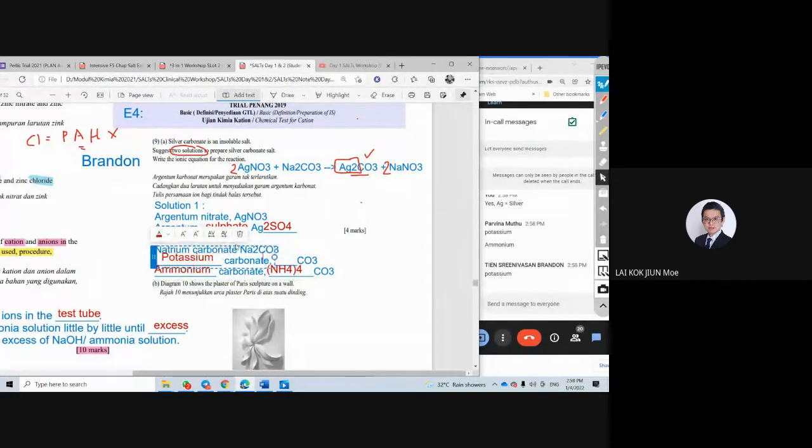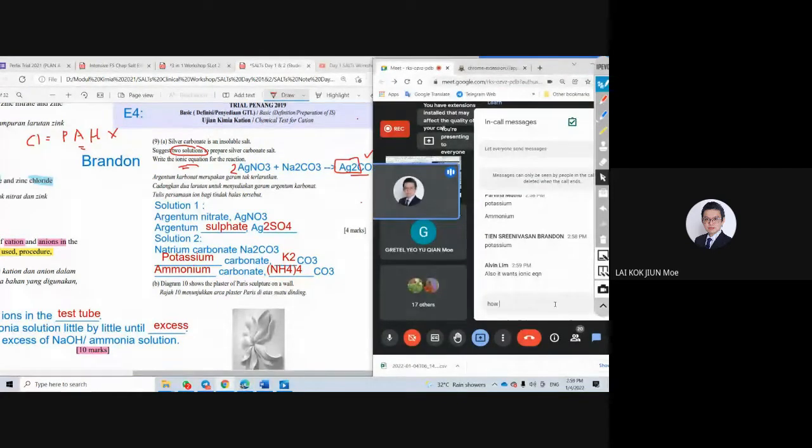Potassium, you can write K2CO3. Oh, yes. Alvin knows already. No answer for chemical equation, not a lot. Because they're asking you for an ionic equation, Brendan, be careful. So no chemical equation. How to write the ionic equation?